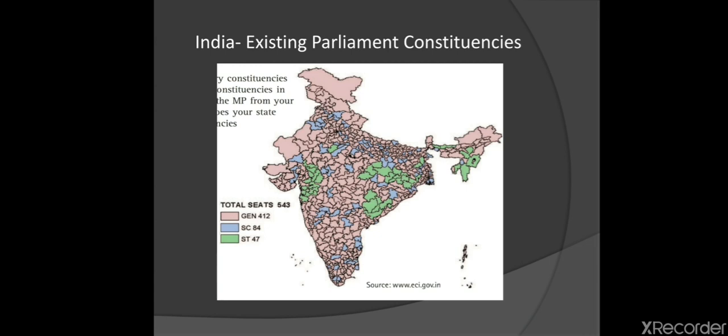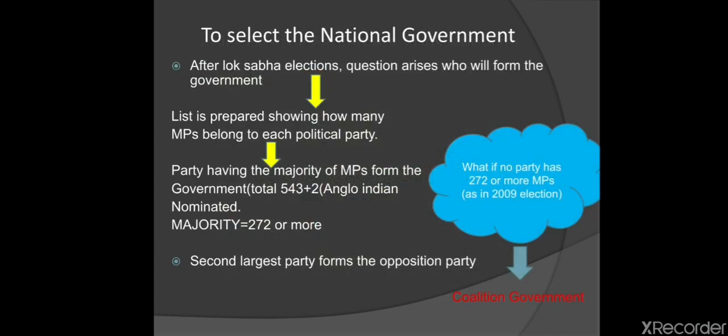And then the first function of the Parliament is to select the national government. National government means central government, the government at the central level, like the one in Delhi which controls the whole of India. It is also called the national government.